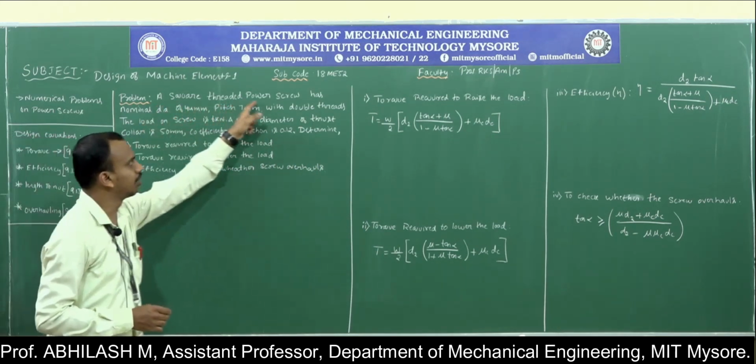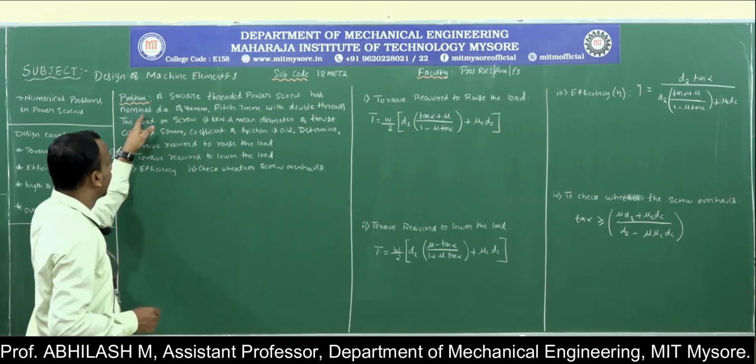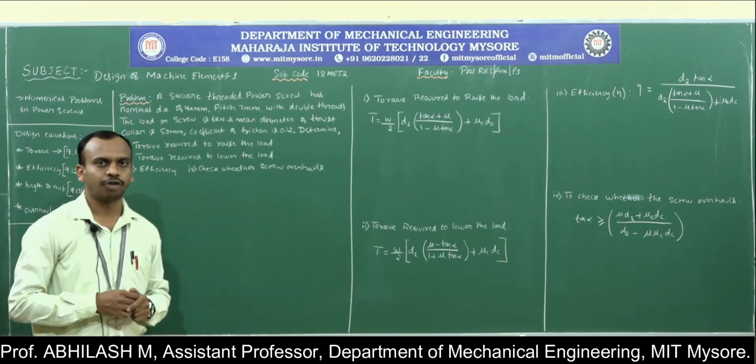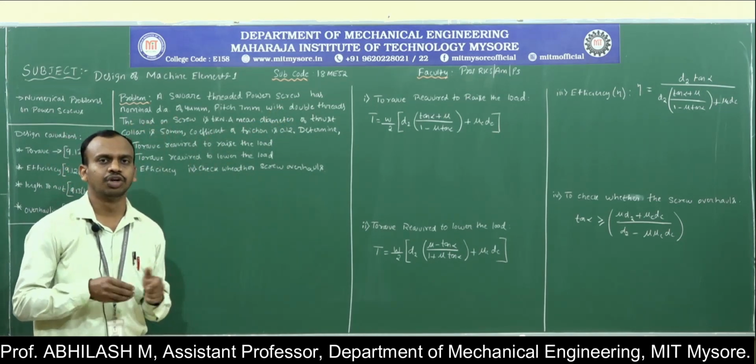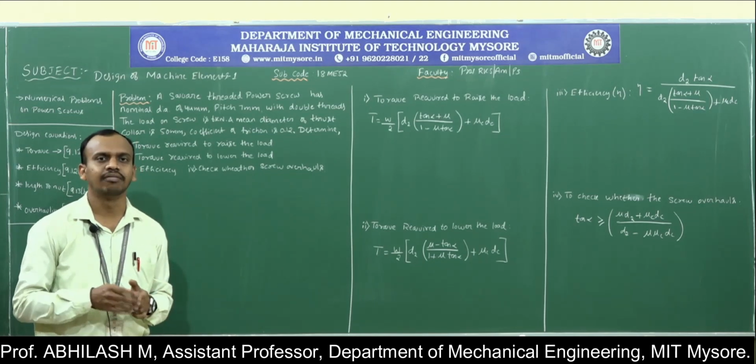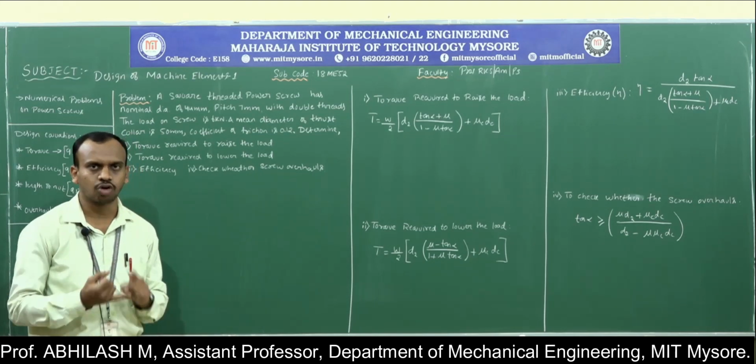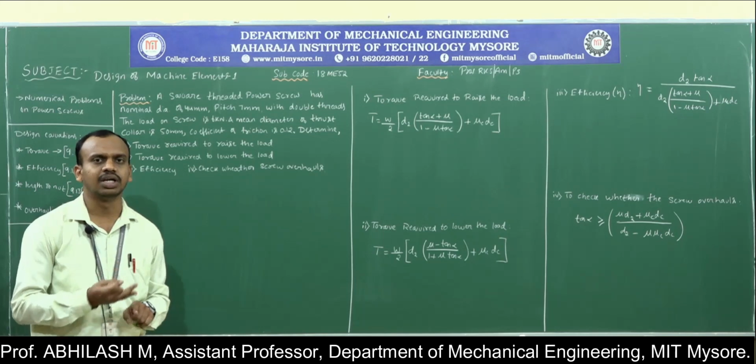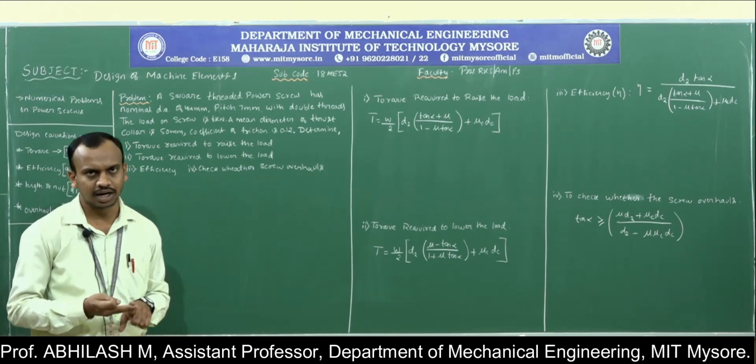A square threaded power screw has a nominal diameter of 44 millimeter. So we know that the screw will be having three different diameters: the core diameter, the mean diameter as well as the nominal diameter.